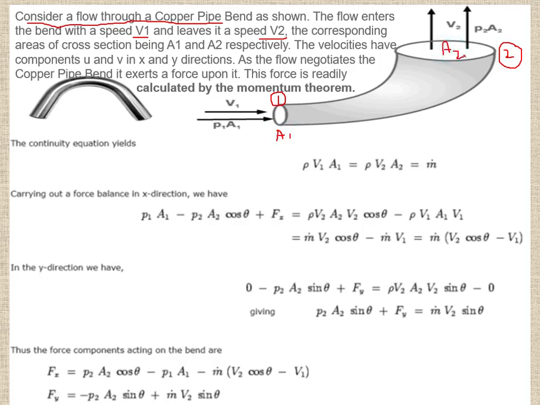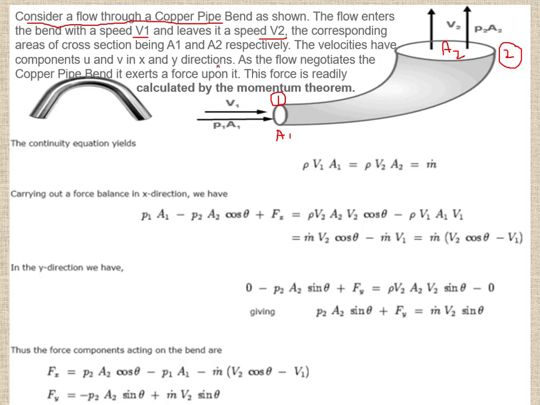The velocities have components u and v in x and y direction. See, the velocity is given and it has components u and v. That means it's a two-dimensional flow, and it has x and y components.